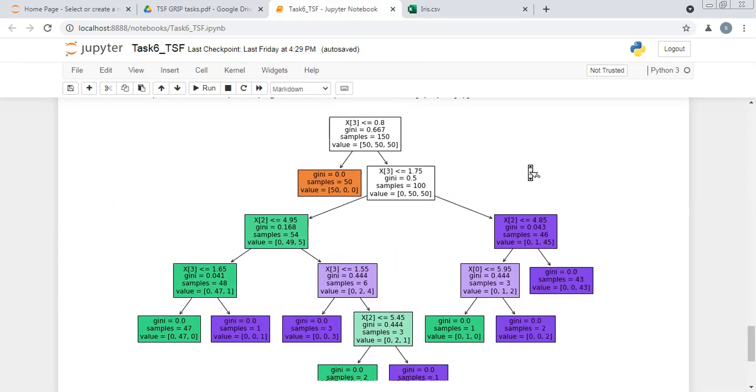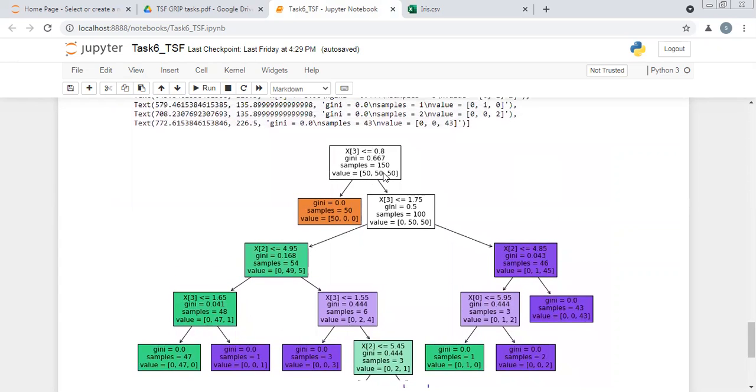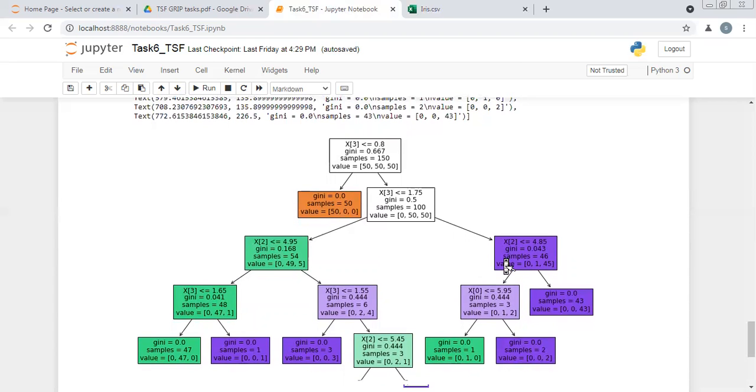You can see the root node here. In the CART algorithm, first we give our entire data set to the root node, and we ask some questions at every node to break down our data further. The ultimate goal is to predict the right class. This is the basic idea about the CART algorithm.